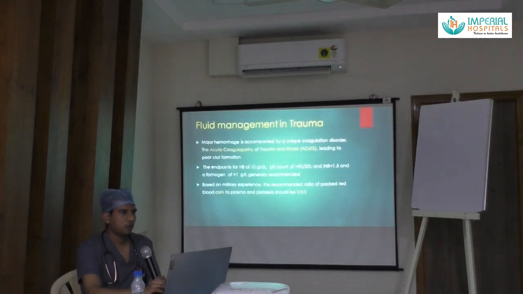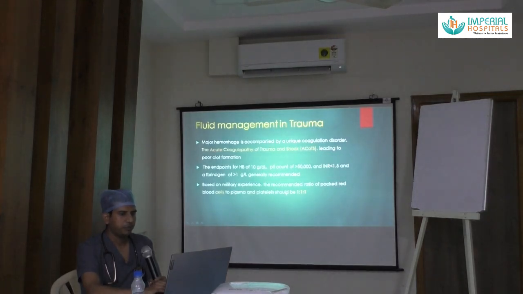Fluid management in trauma. Major hemorrhage is accompanied by a unique coagulation disorder, the acute coagulopathy of trauma and shock, leading to poor clot formation. So the endpoints and targets are Hb of 10 gram, platelet count more than 50,000, INR less than 1.5 and fibrinogen greater than 1 gram per liter generally recommended.